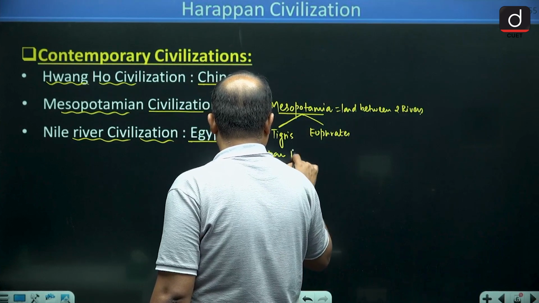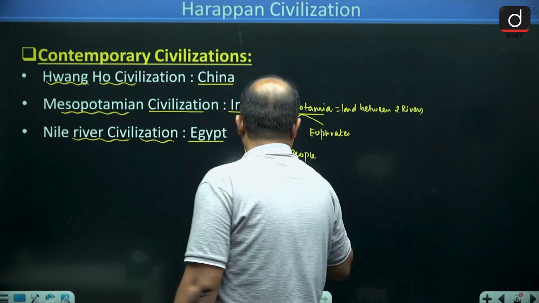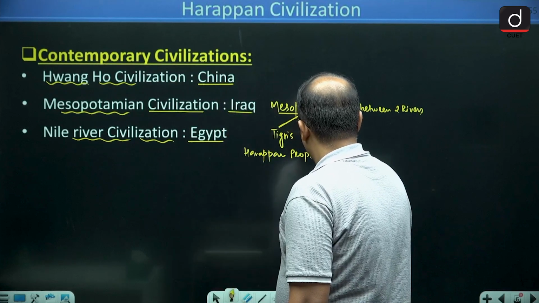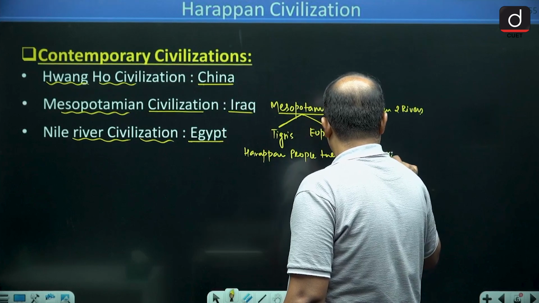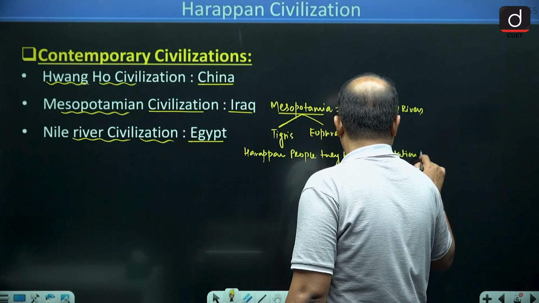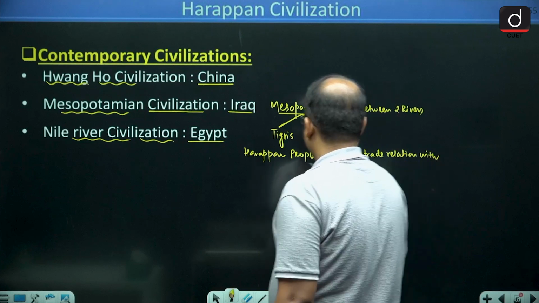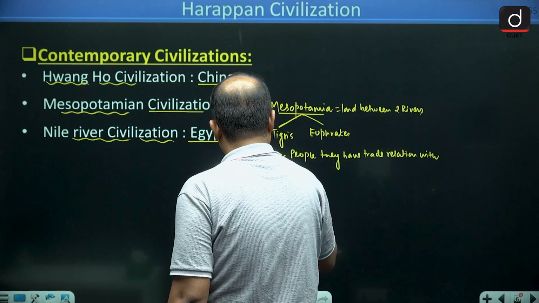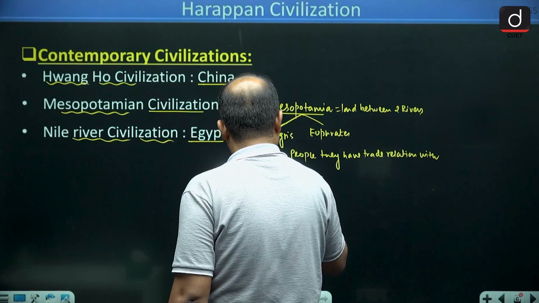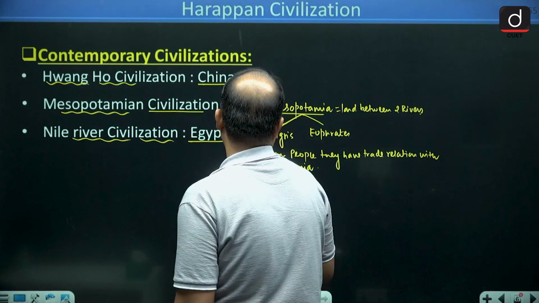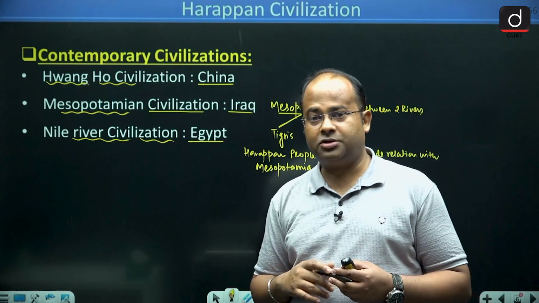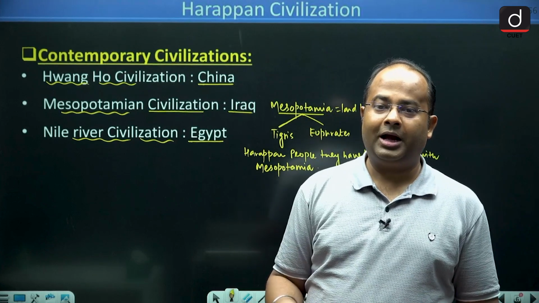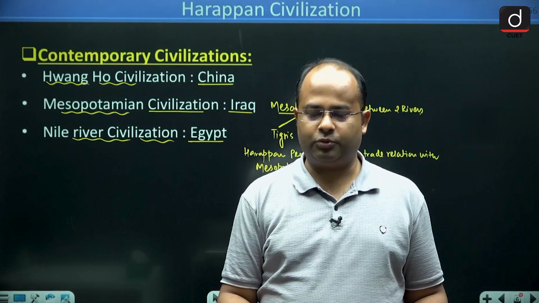The Indus Harappan people had a trade relation with Mesopotamia, because we have found the seals of Mesopotamia in Harappa and the Harappan seals in Mesopotamia.